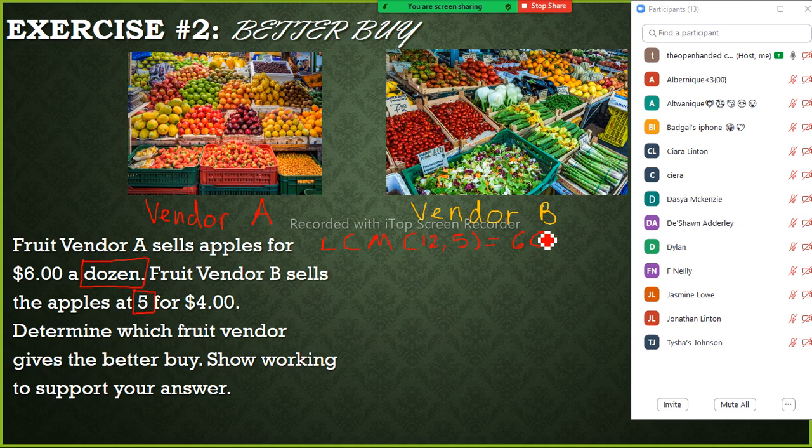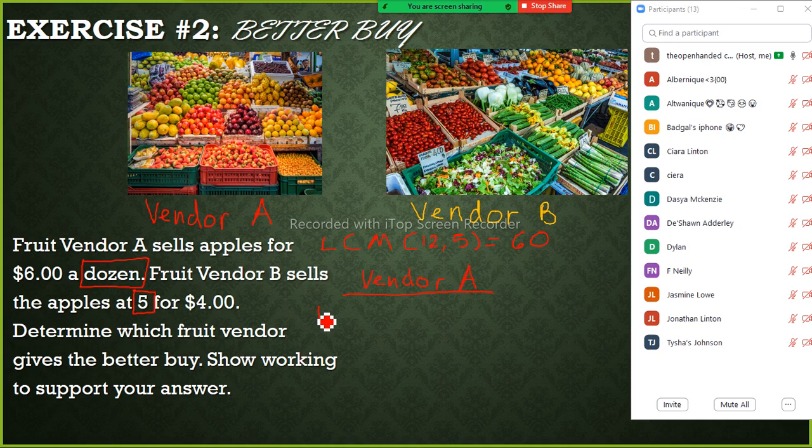So for vendor A, we're trying to figure out how much does 60 apples cost? That's what we're trying to find.